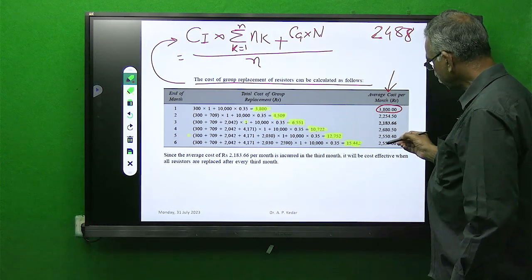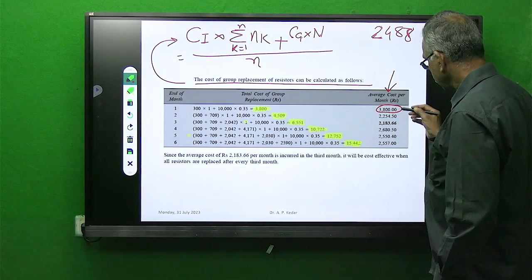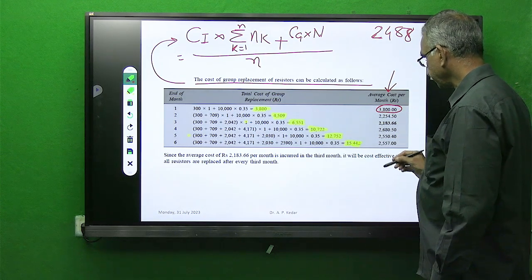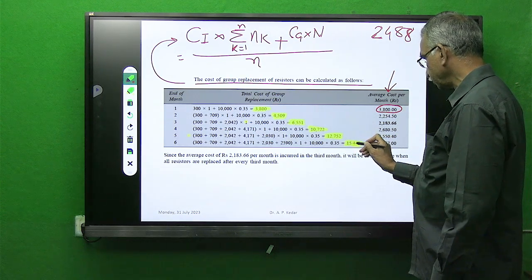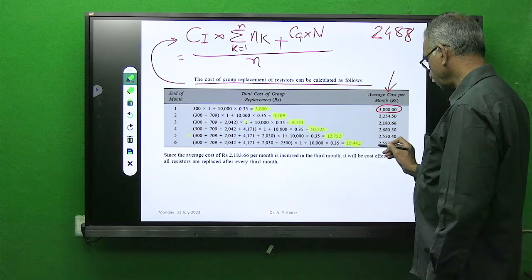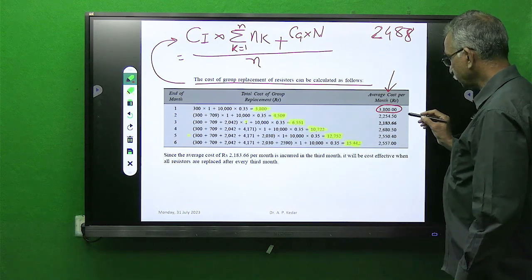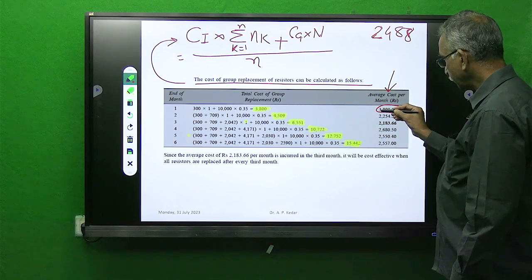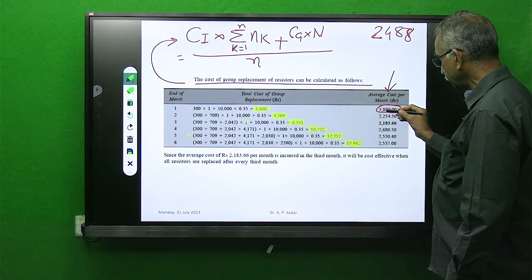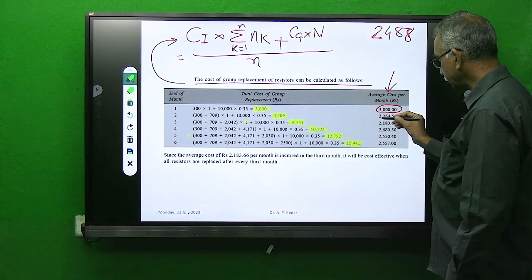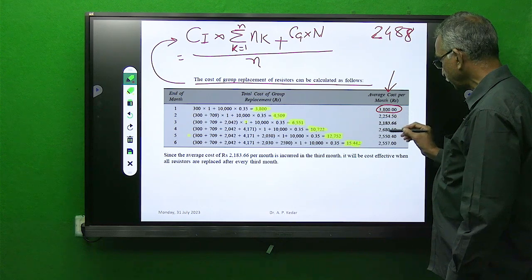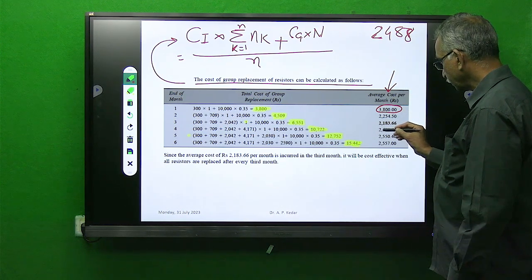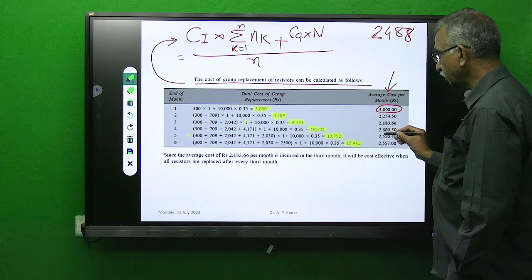And what is to be checked? See the trend of this average cost per period. If you divide this 15442 by 6, you will get this. Now just focus your attention on this final column. First is 3800, second is 2254, third is 2183, fourth is 2680.